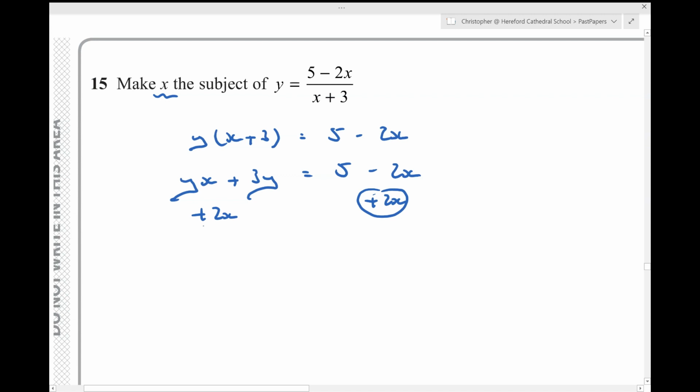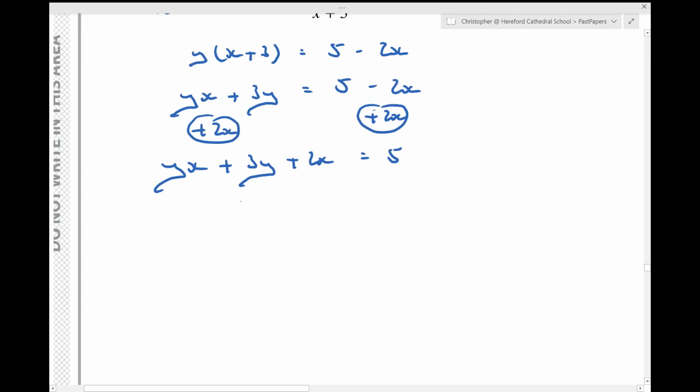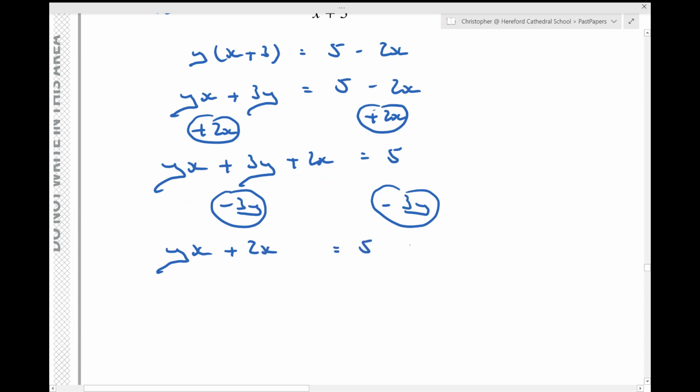So that's going to give me yx plus 3y plus 2x equals 5. And now I'm going to minus 3y from both sides to get rid of that 3y from the left. Gives me yx plus 2x equals 5 minus 3y. Right, now I'm going to factorize and divide.